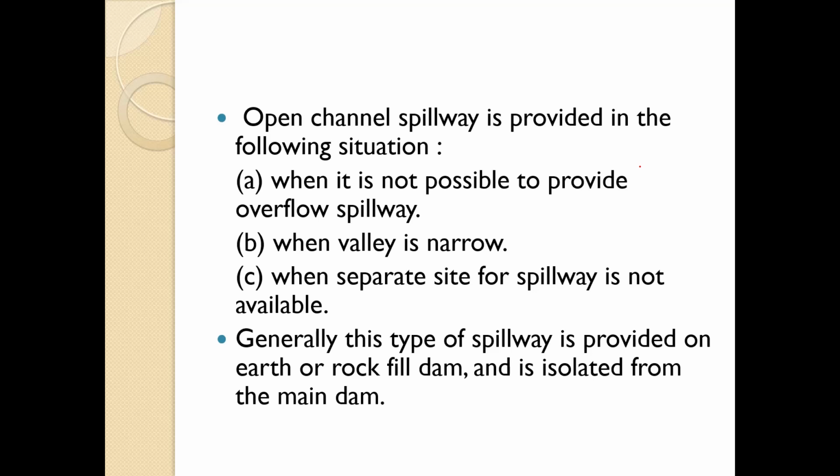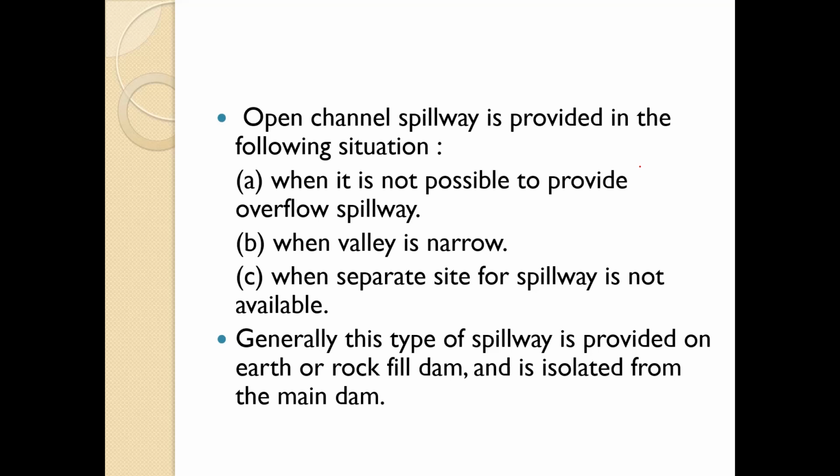This spillway generally consists of a steeply sloping open channel placed along the dam abutment or through a flank or a saddle. It leads the water from the reservoir to the downstream channel below. The base of the channel is usually made of reinforced concrete slabs, generally 25 to 50 centimeters thick.